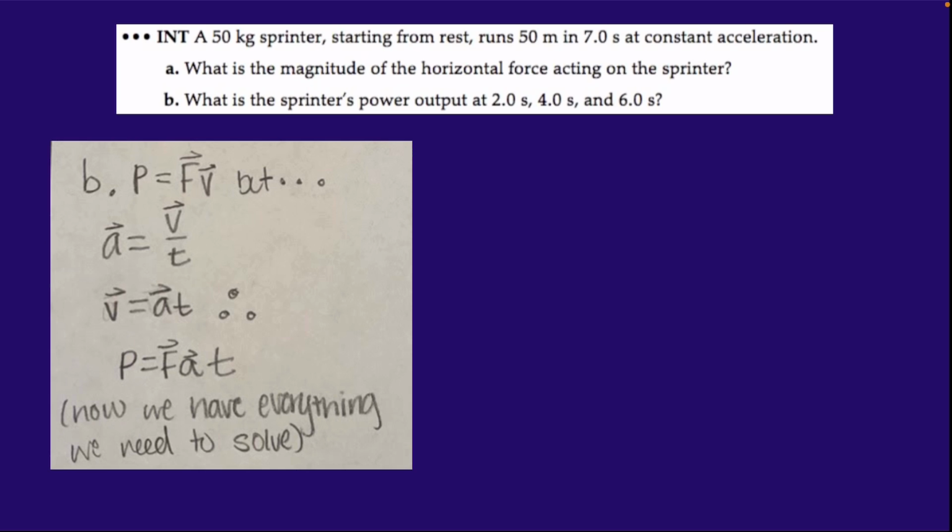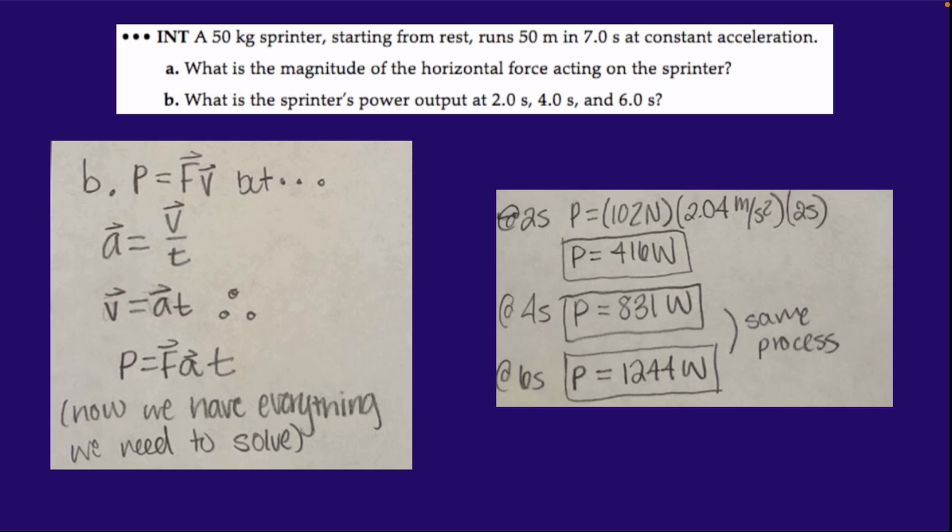Since we know from way back in the kinematics unit that those have a relationship, we can equate acceleration times time to the velocity and plug that into the power equation, giving us that power also equals force times acceleration times time. And that's going to make our calculations really, really easy.